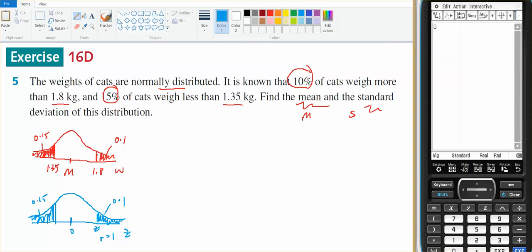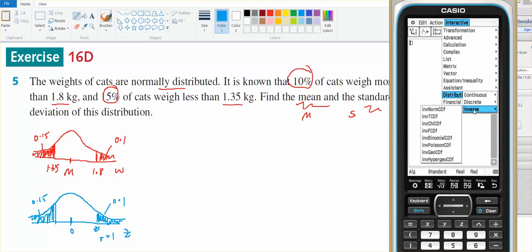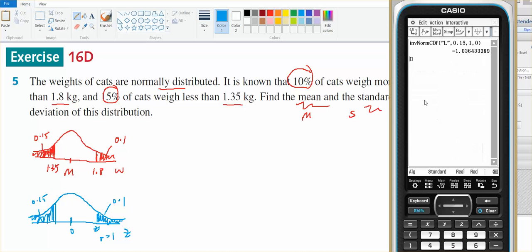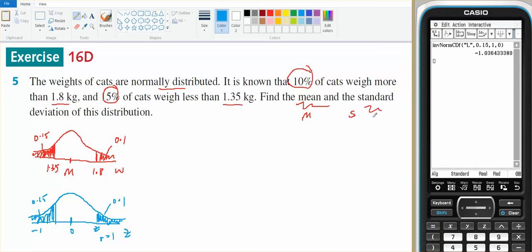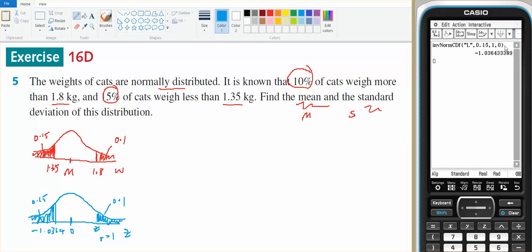So I'm bringing in my calculator and I'm going to go Interactive, Distribution, Inverse Normal. It's going to be a left tail with a probability of 0.15, with a standard deviation of 1 and a mean of 0, and that gives me a Z value of negative 1.0364.